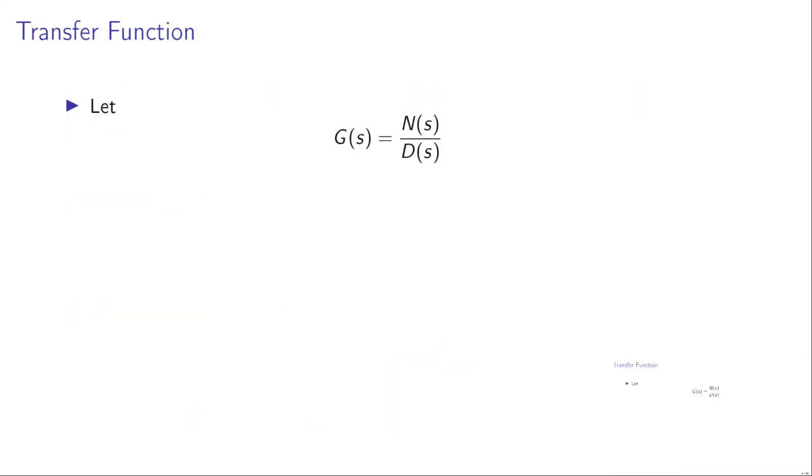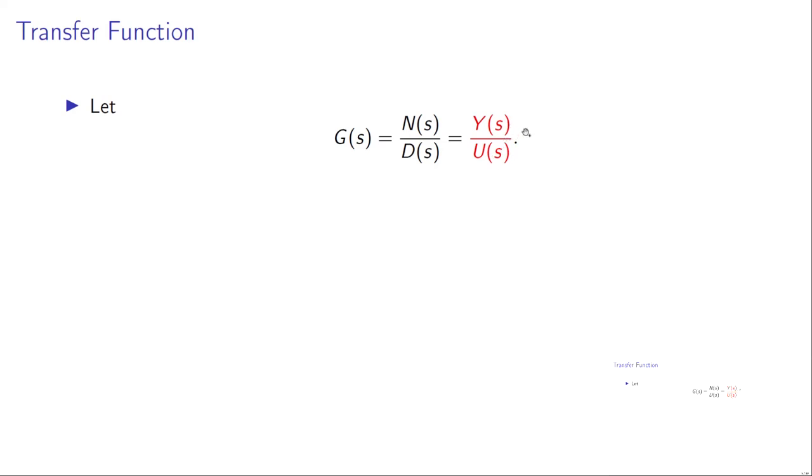So G of s can also be represented as N of s divided by D of s. That's just the numerator divided by the denominator. You find this representation in books, papers, and also as the output divided by the input.